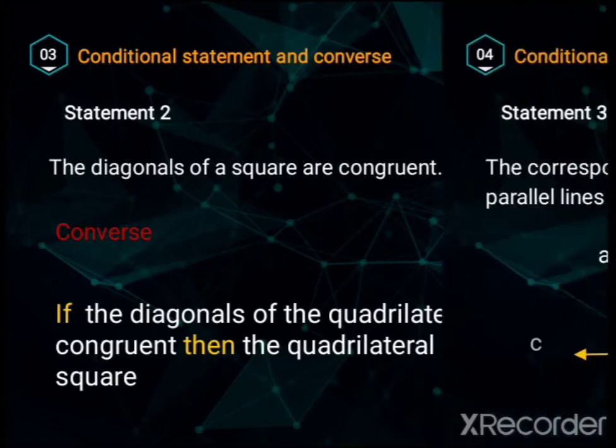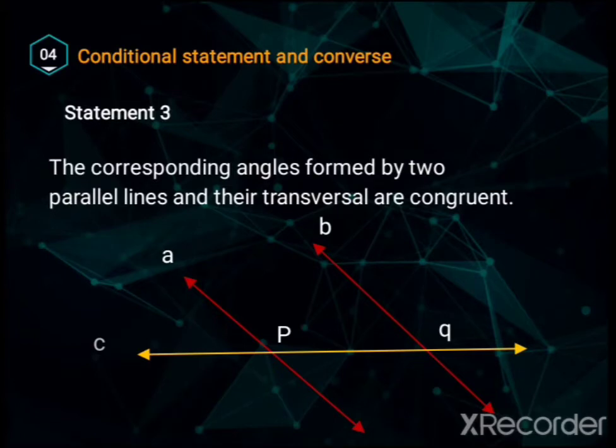Let's see the next statement. The corresponding angles formed by parallel lines and their transversal are congruent. Now you know here A and B are two parallel lines and C is their transversal. Angle P and angle Q are two corresponding angles. So these corresponding angles are congruent only if line A and line B are parallel with each other.